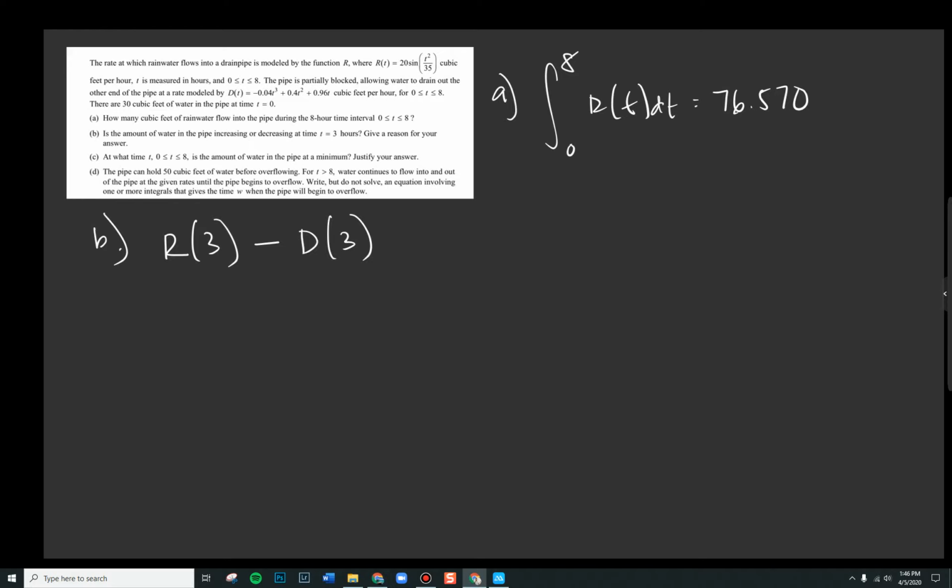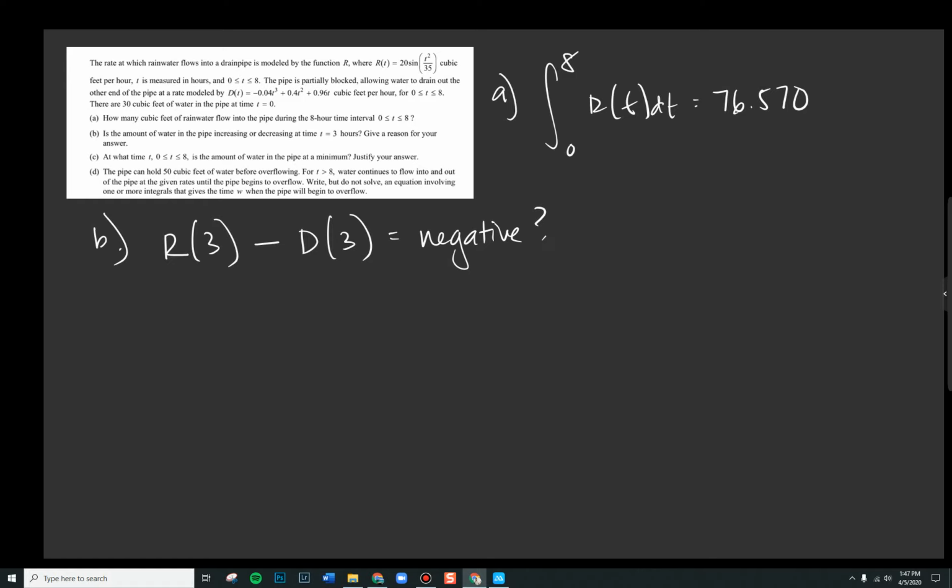If I get a negative value, that means the water in the pipe is decreasing, because in order to get a negative value, this guy has to be greater. The water leaving the pipe is more than the water going into the pipe. So if D3 is greater, there's more water leaving, which means the level of the water is decreasing.